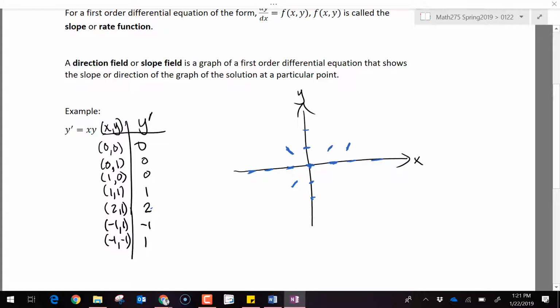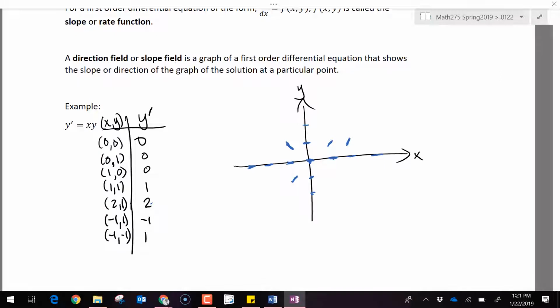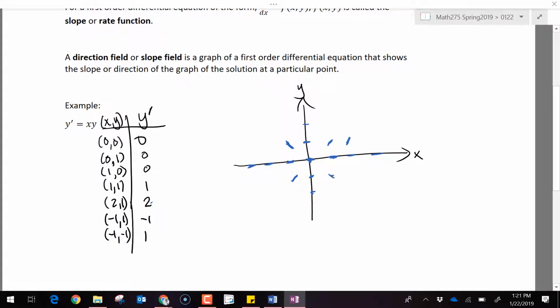Okay. So you can imagine how these things might look if you draw a few more.